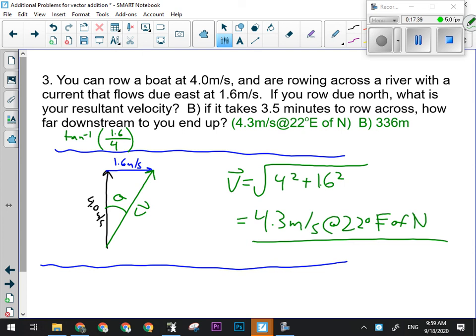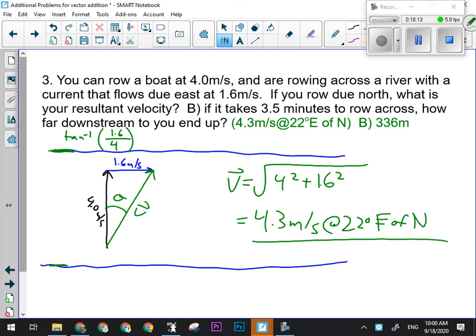Okay, part B. It takes me 3.5 minutes to get from here to here. And I want to know how far downstream I'm going to end up. If I know how long I'm in the river, and I know that the whole time I'm in the river, I'm moving at 1.6 meters per second downstream, how do I find how far downstream I go?